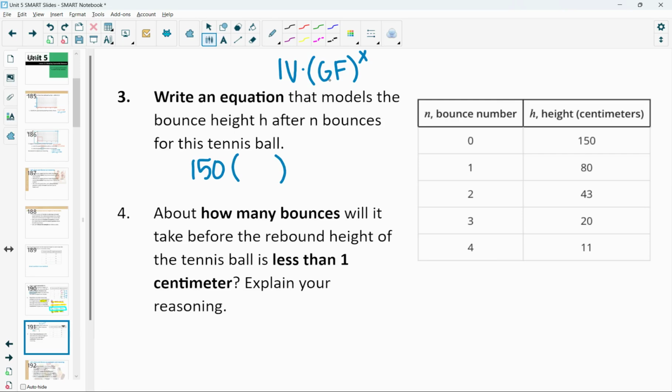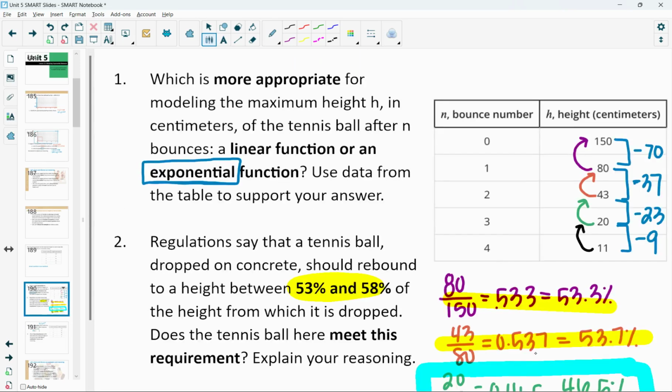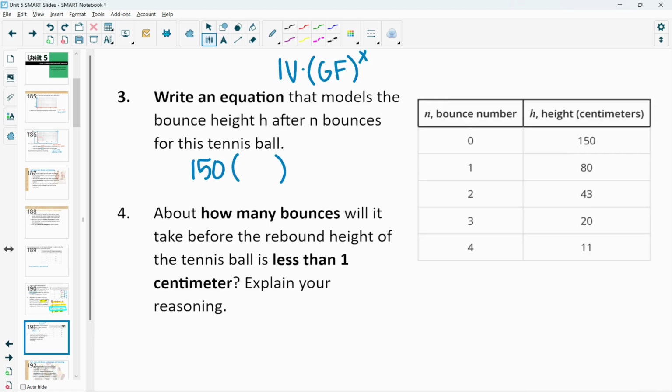And then our growth factor is what we just calculated in all of these percents, right? And so we had 0.53, 0.533, 0.537 in those first couple. So I'm just going to use 0.53 in here. You could use 0.5, 0.52, 0.54, something like that. And so this is going to be the height equals 150 times 0.53 to the n power for the number of bounces.